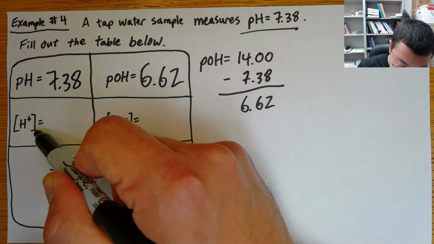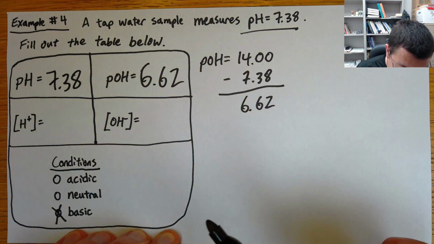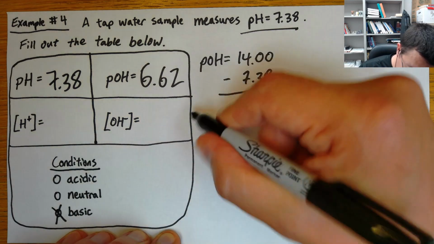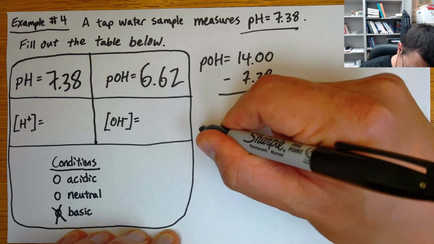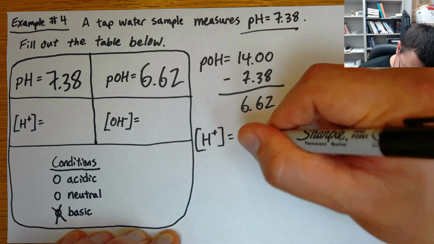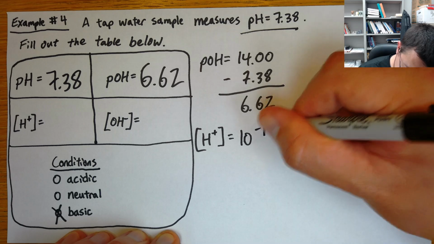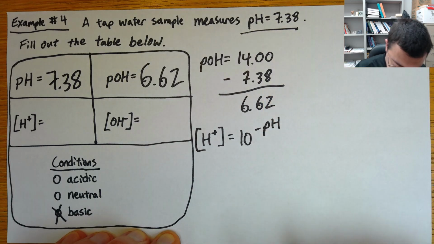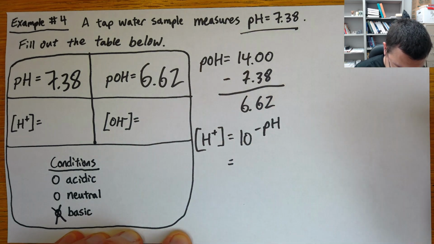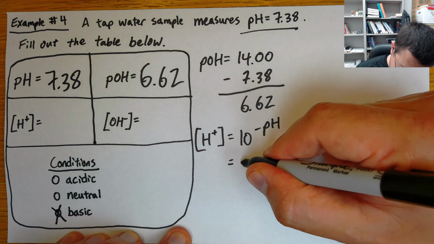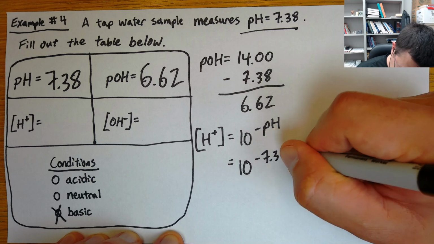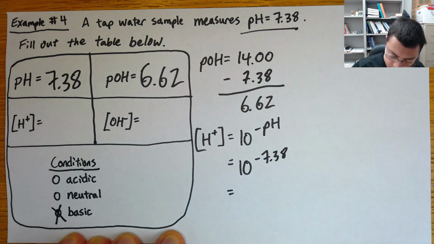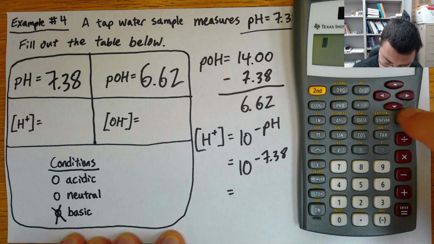So H plus, yeah, we need to do this one. All right, 10 to the negative 7.38.